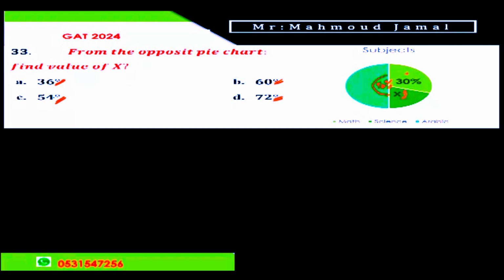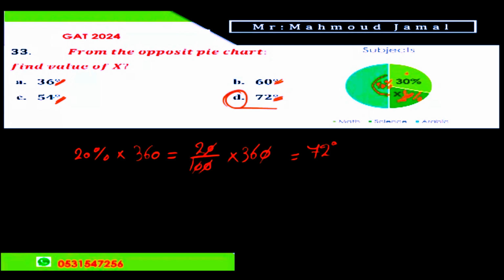This one I know it's 20%, but I'm looking for the angle. 20% represents what of the circle? 20% times the whole circle, which is 360. So I have to multiply 20% times 360. It's 20 over 100 times 360. I will cancel out the 2 zeros with the 2 zeros up and down. And 2 times 36 equals 72 degrees. The correct answer is D, 72 degrees.